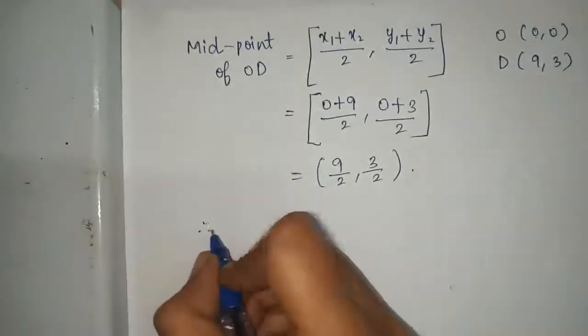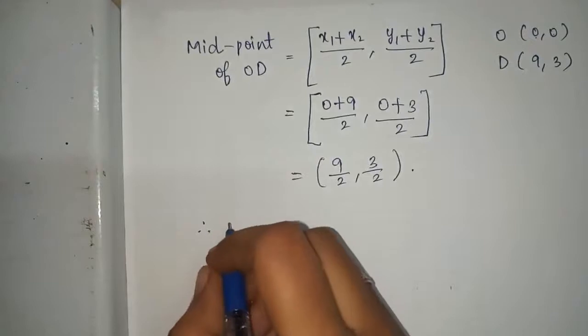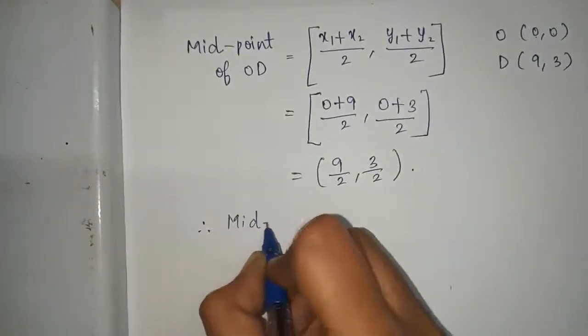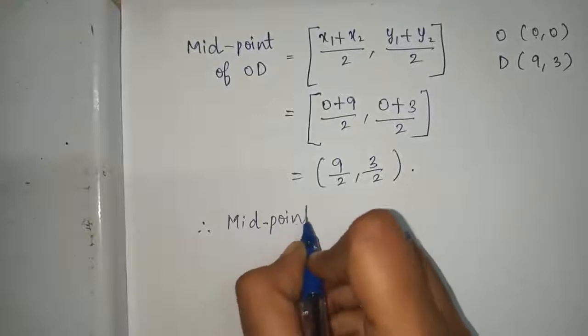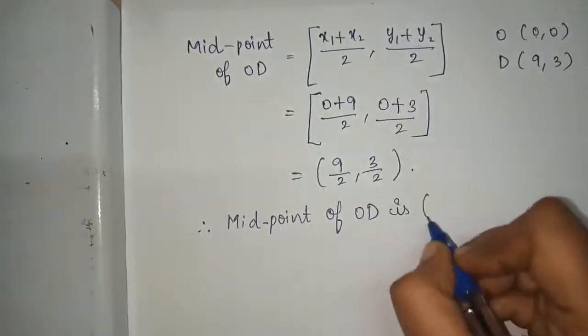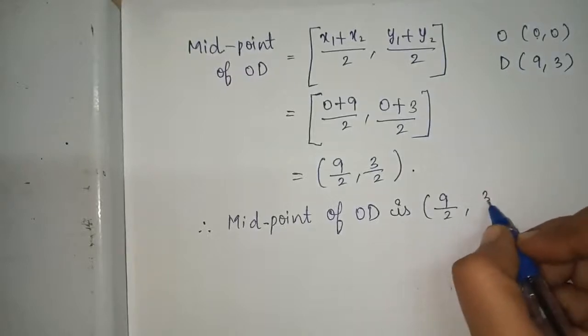So this is what is asked to find in the question. Therefore, the midpoint of OD is 9 by 2, 3 by 2.